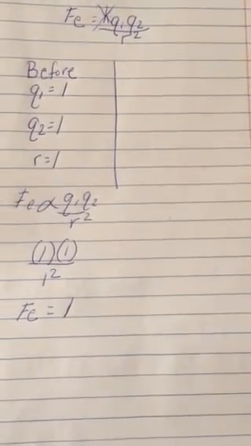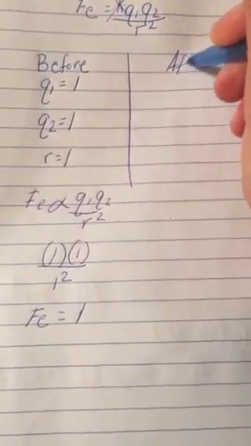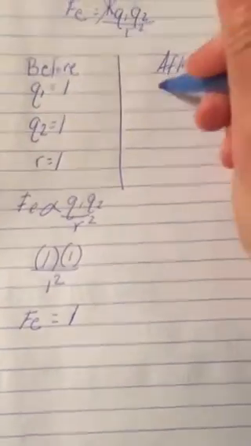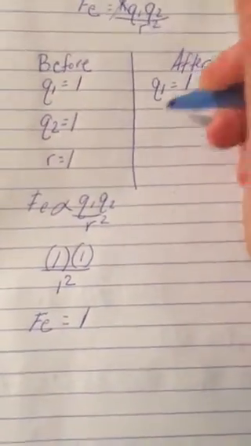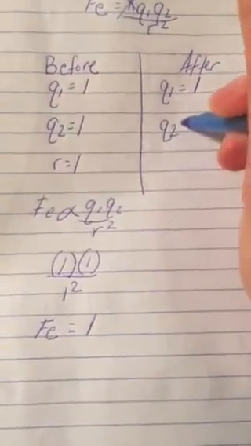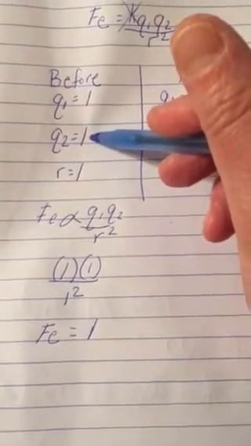Now I go to the question, and the first question of part 2 says, what happens when I double the size of one charge? So what I would suggest is you do an after and say, okay, we have Q1 that has a charge of 1. And then it says that one of the two charges is doubled. So I start off with Q2 being a charge of 1.